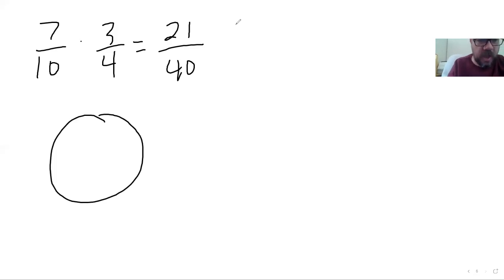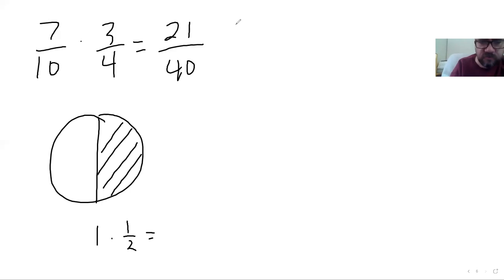If I wanted half of this circle, there it is, half. The whole circle is 1, and I'm thinking of taking half of it, so I'm going to multiply by a half. It gives you a half, unsurprisingly. So I'm thinking of this as 3/4 of 7/10. And if I want just the mathematical way to do that, multiply straight across, reduce if necessary.